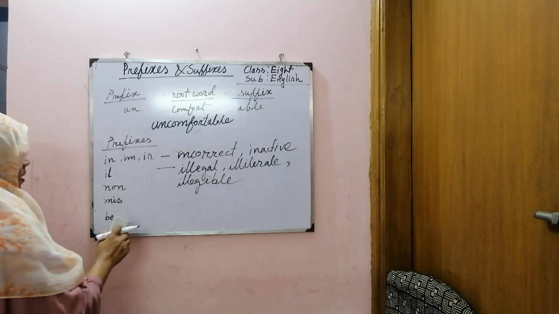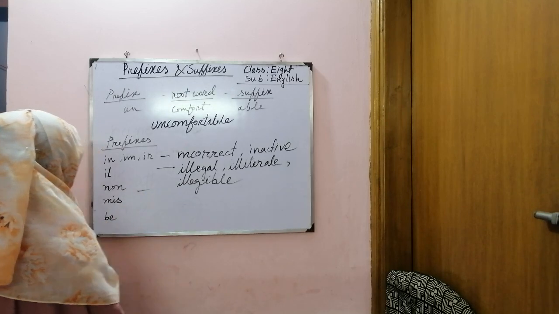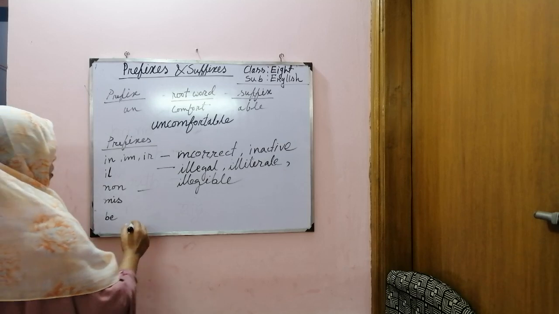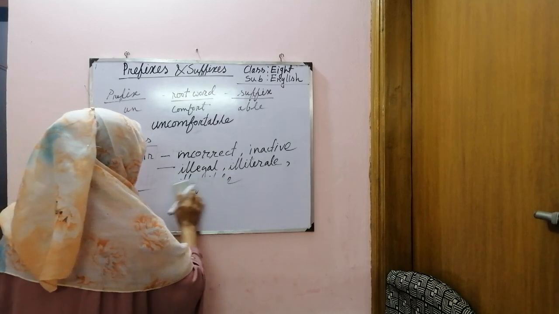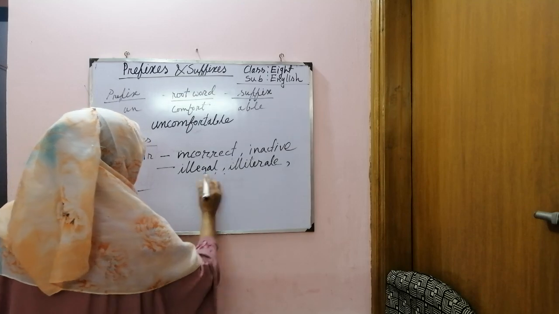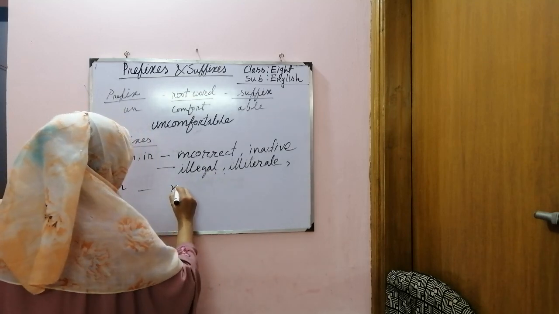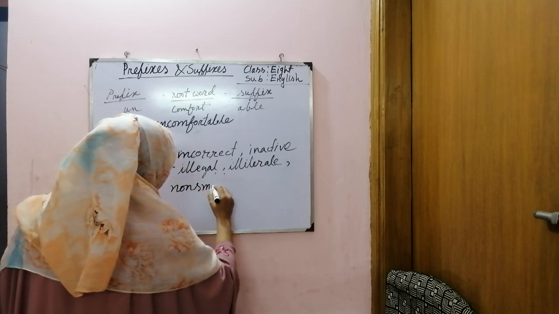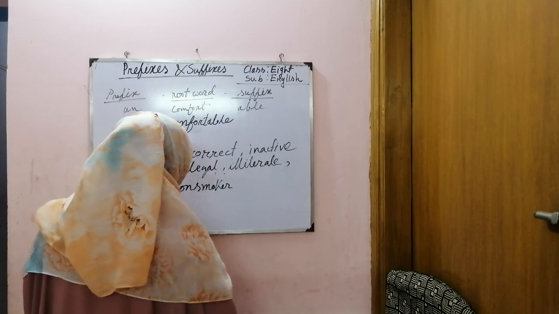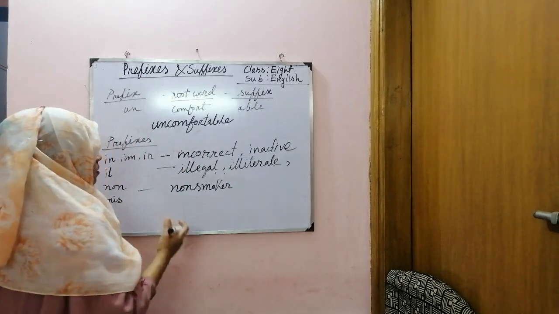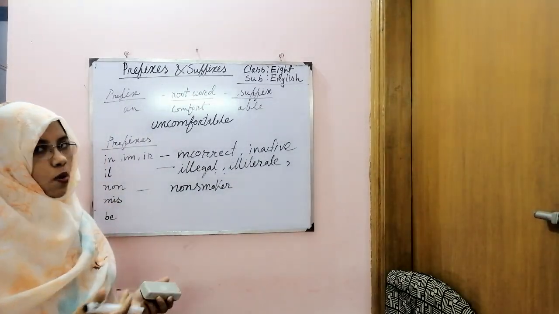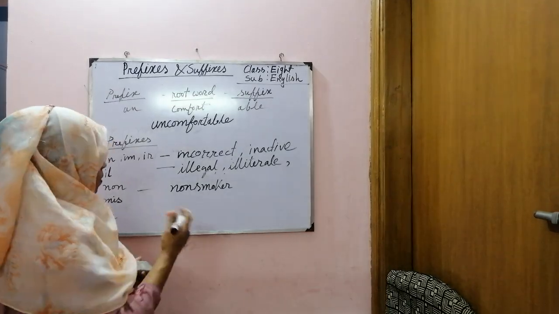Okay. Now we will try to make some new words with non, which means not. You can write non-smoker, a person who doesn't smoke. A person who smokes is a smoker, and a person who doesn't smoke is a non-smoker.